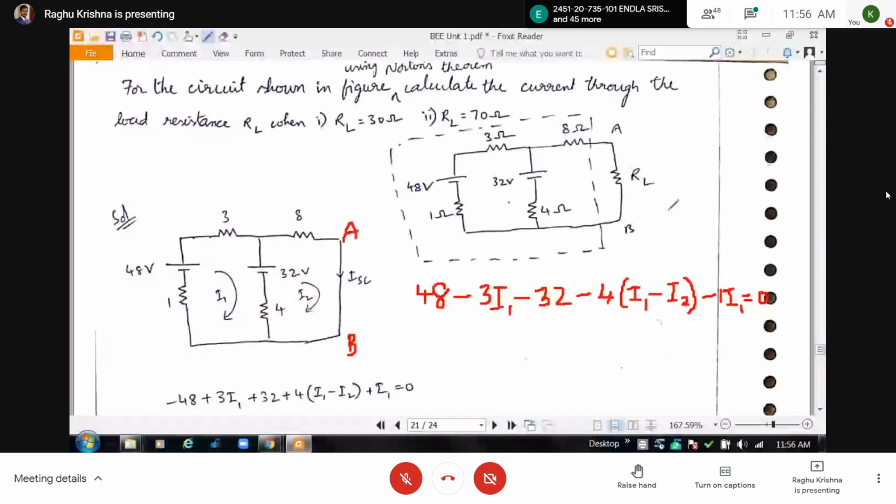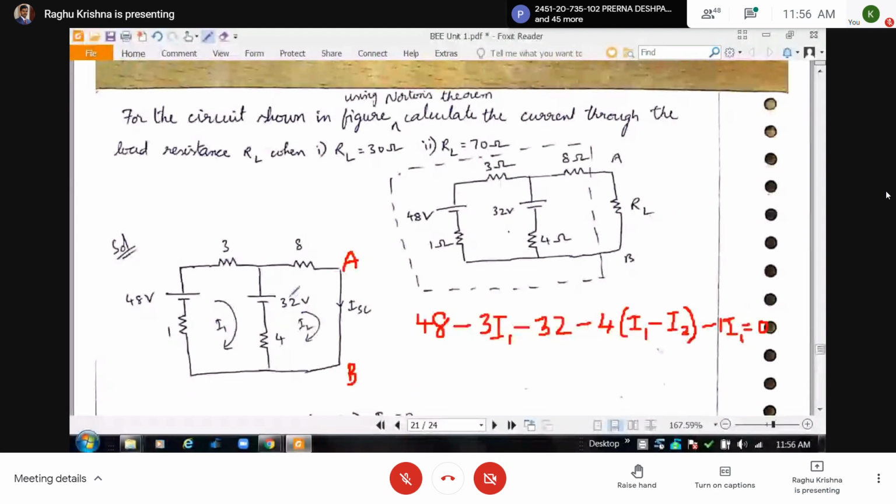So let me start from this voltage source. Minus to plus means voltage rise, so we have to traverse in the direction of the loop current I2.